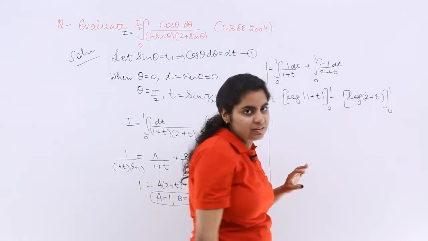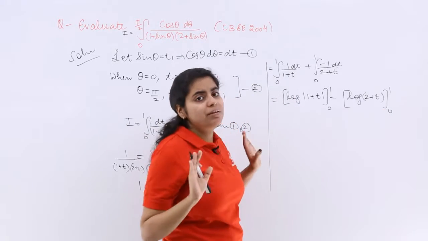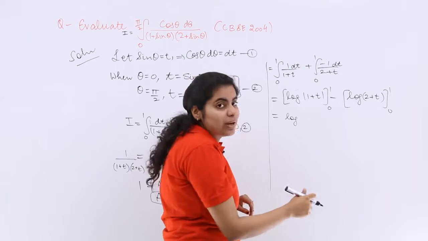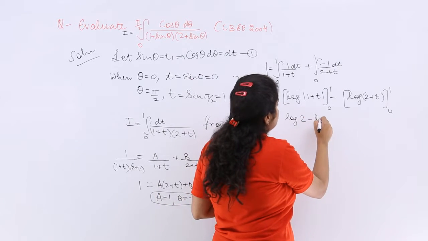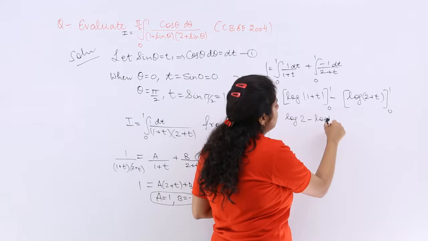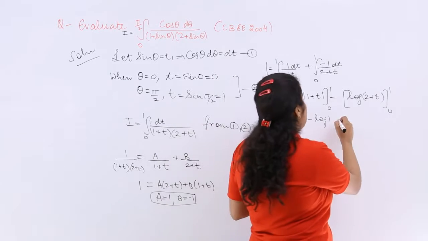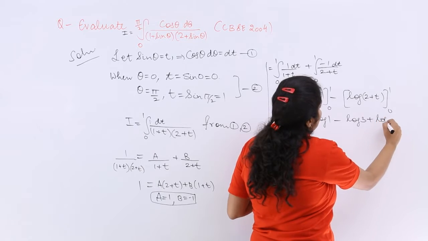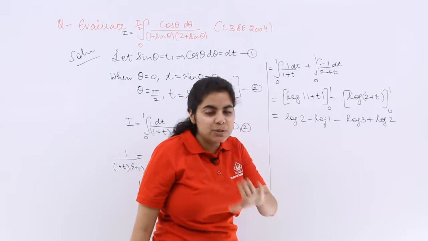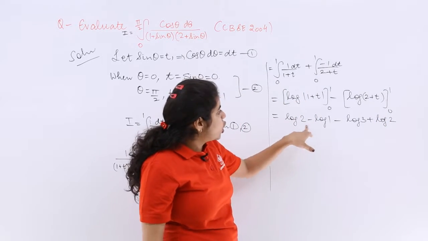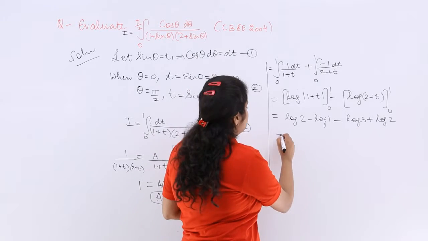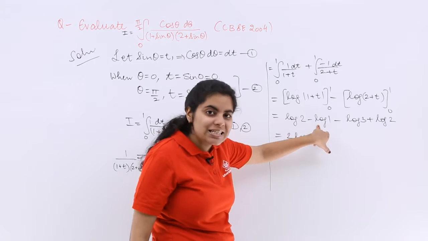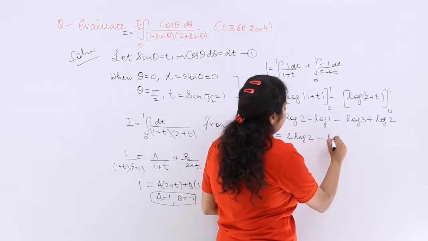Better apply mod here. Now just put the values. It is log of upper limit 1 plus 1 is 2, minus log of lower limit 1 plus 0 is 1. Then minus sign, log upper limit minus log lower limit. You see minus minus becomes plus. Now log 2 is 2 log 2 minus log 1, which is 0, minus log 3.